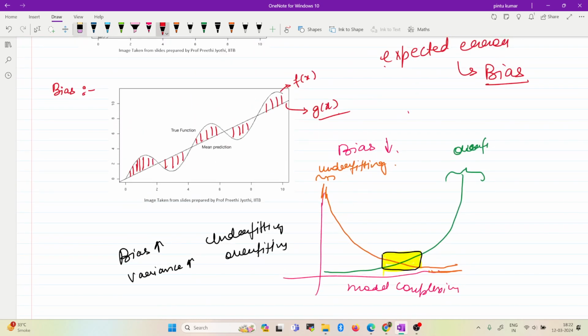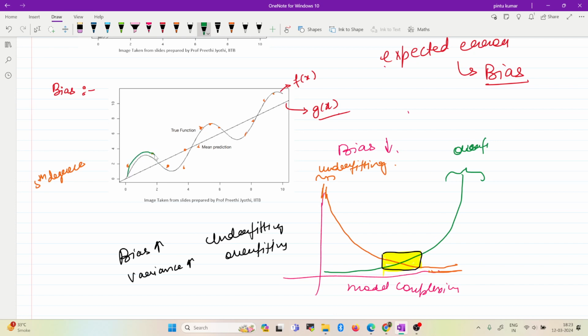Now let's try something else. We fitted these linear curves. Let's say we are now trying to fit a fifth degree polynomial. Let's say we sample these points, some are here. So what kind of curve would we get?